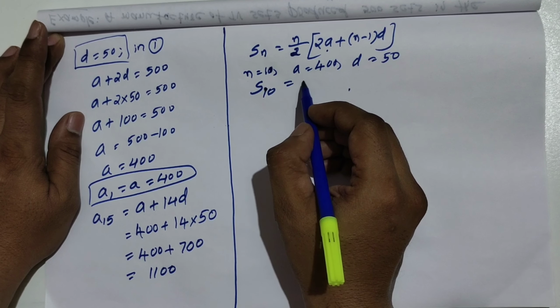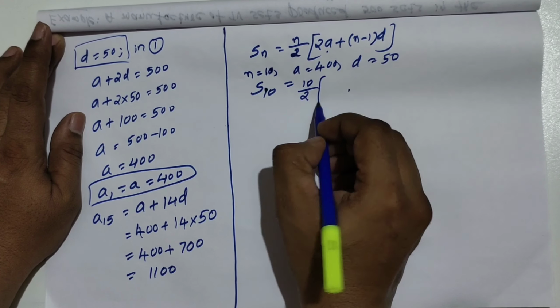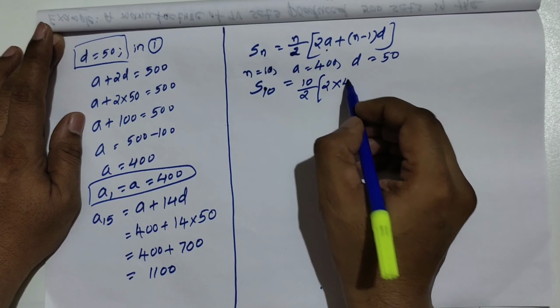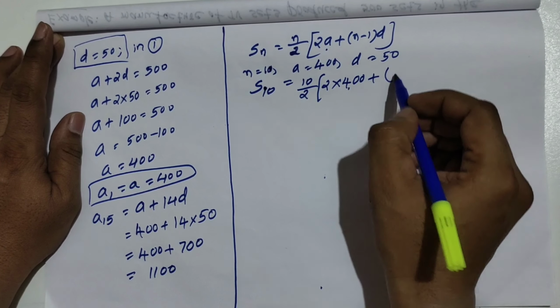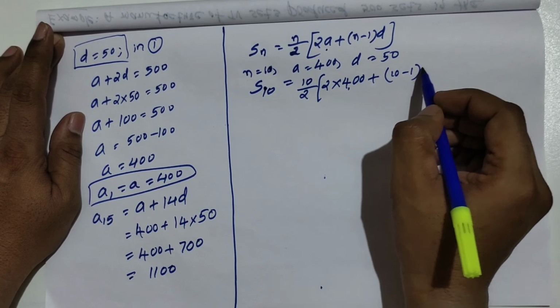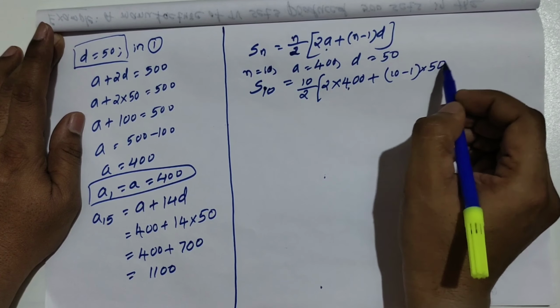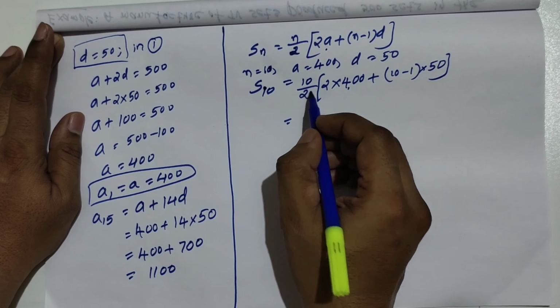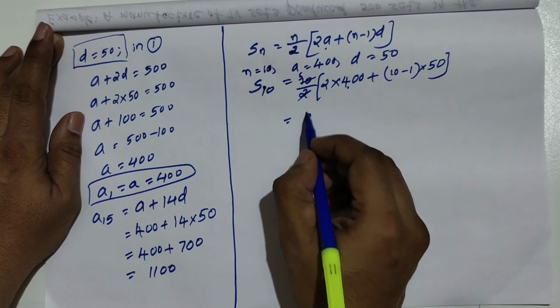Substitute one by one. First of all, substitute 10. So 10 by 2 into 2 into 400 plus 10 minus 1 into 50. By cancellation we simply get 5.